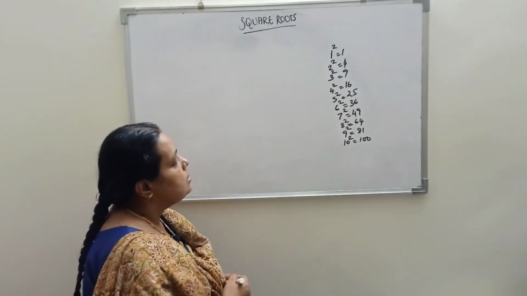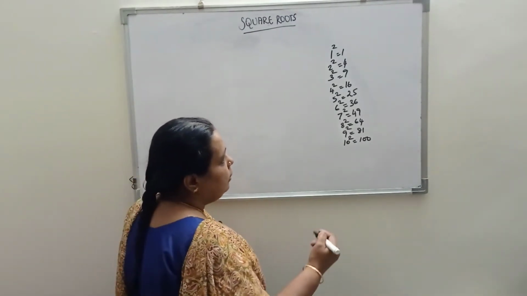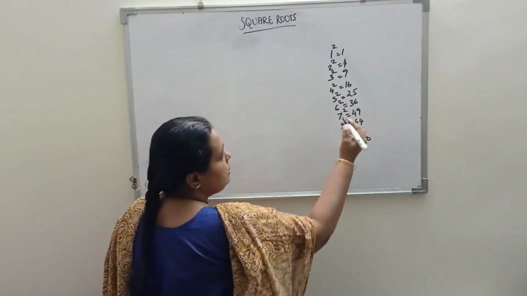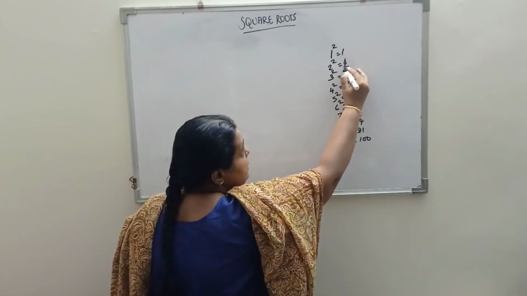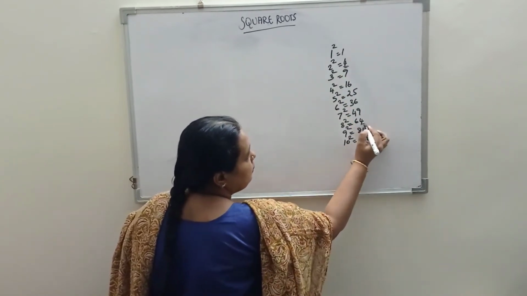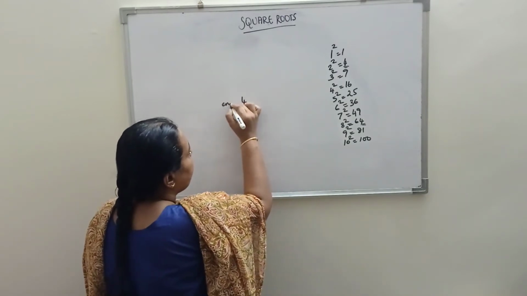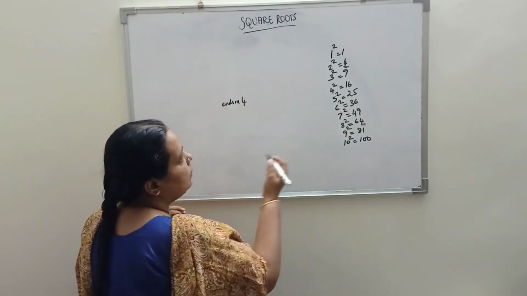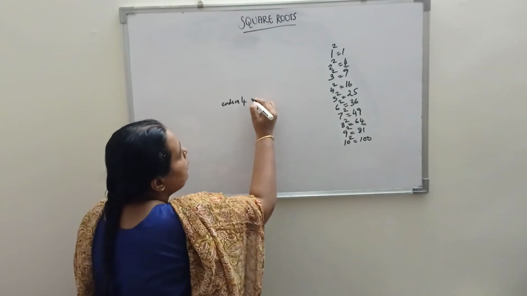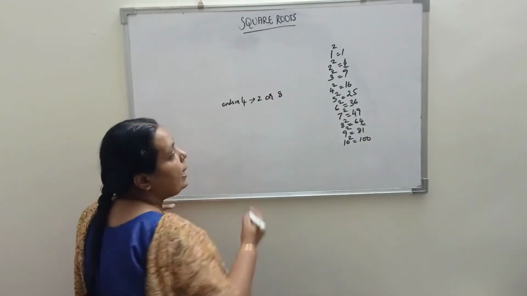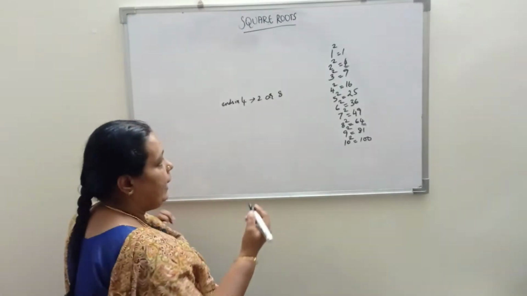Okay. So, first of all, before going to square roots, we must first learn one thing: if a number ends in 4, the square root number will be either 2 or 8.